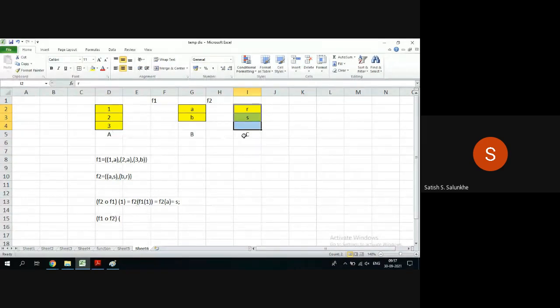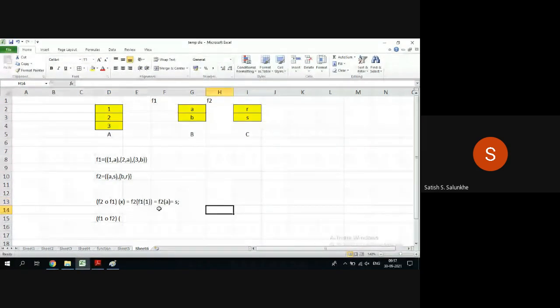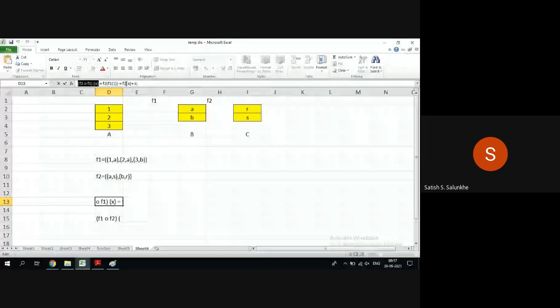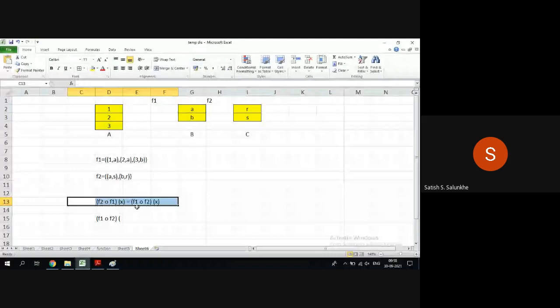Because when you do A to C, you say it satisfies the commutative property when F2 composition F1 of X is equal to F1 composition F2 of X. Means if you are having an element X in general, that is equal to, then and only then you say the composition property is commutative, but it is not obviously true.